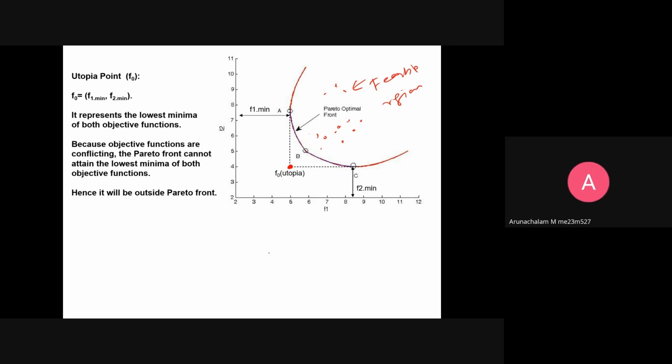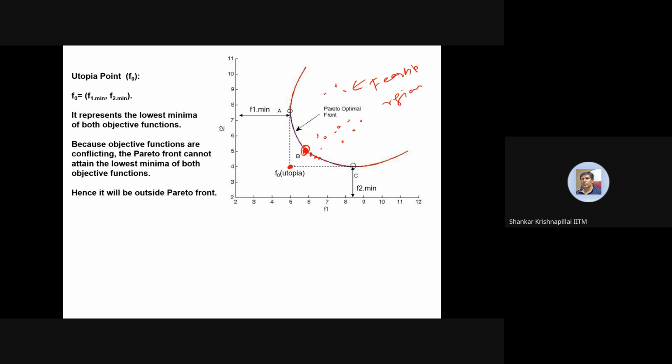If we know which function needs more weightage, suppose we have two conflicting functions and the designer knows that I have to give 80% weightage to the strength and 20% to the cost, then the chosen point will shift here. If you give 50% weightage, you will get it here. If you give 20-80, it will come here.